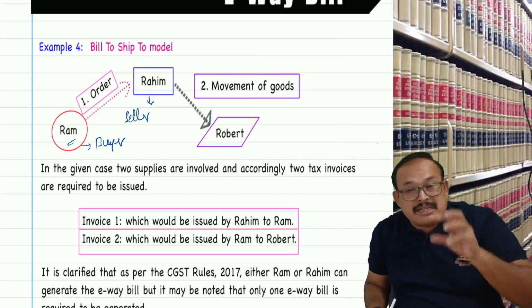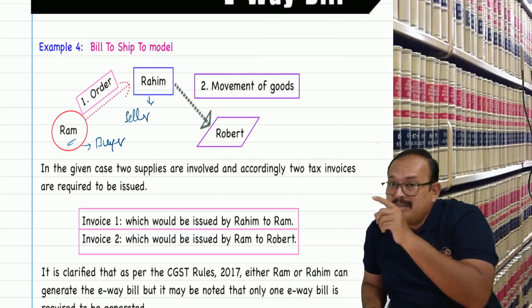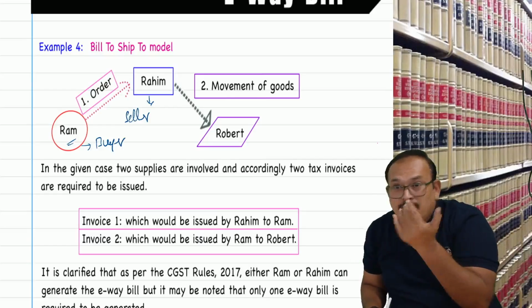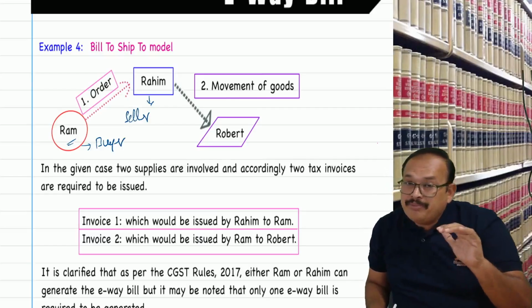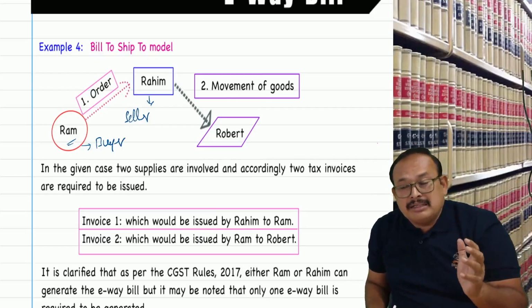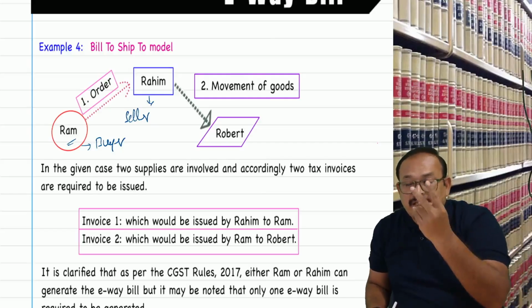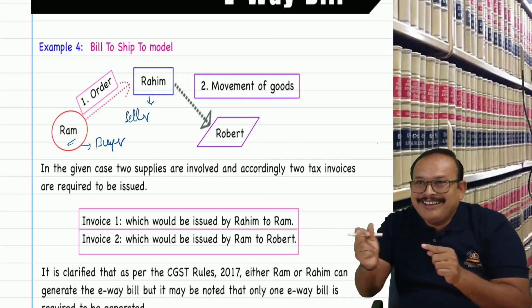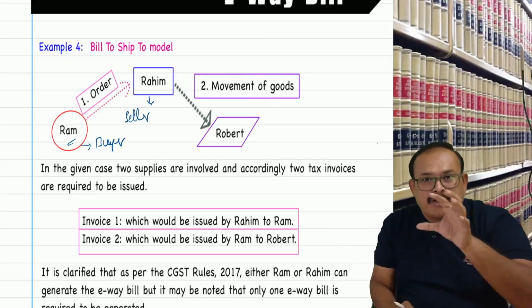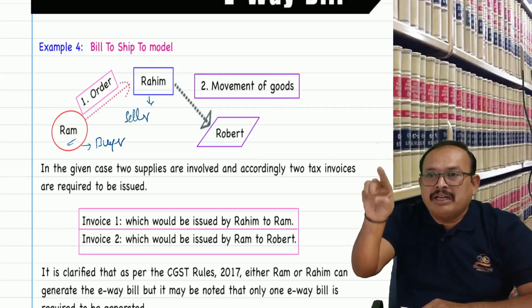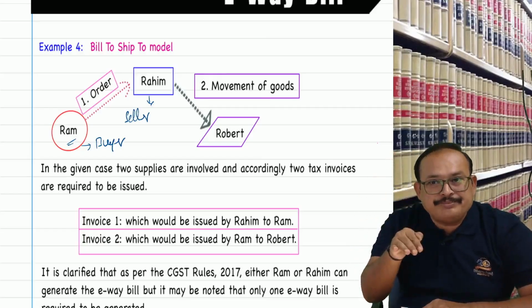So Ram is the seller, Robert is the buyer. There are two invoices: one from Ram and one from Rahim. But there is only one consignment, one transport. How many e-waybills are required? One e-waybill only is required, though there are multiple invoices.